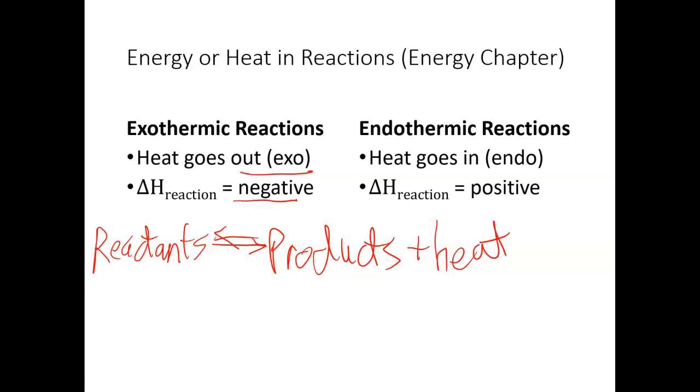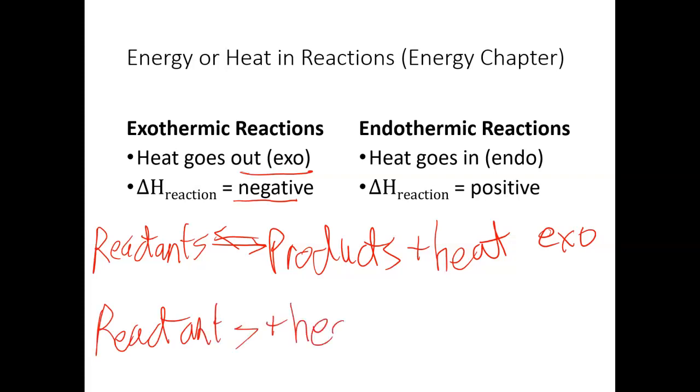You can think about heat as being a product in an exothermic reaction. It's exo. For an endothermic reaction, you have reactants plus heat going to products.